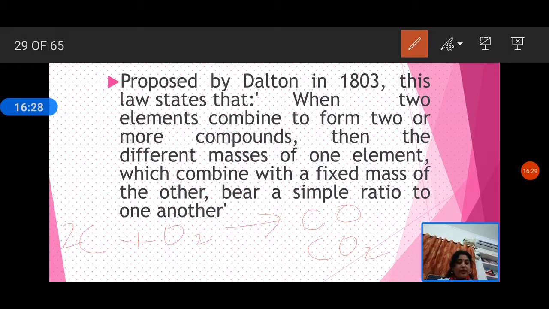And in carbon dioxide, carbon 12 and 2 atoms of oxygen will give you mass 32. So in the first 12 is to 16 and in the second 12 is to 32. So you can see here the ratio is 1 is to 1 or 1 is to 2.